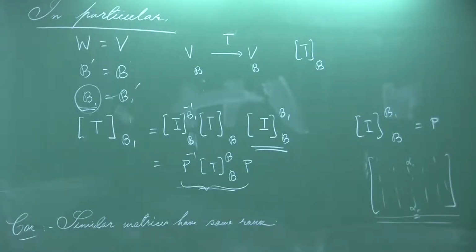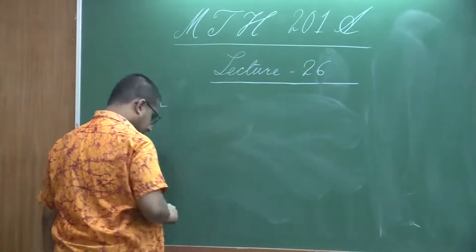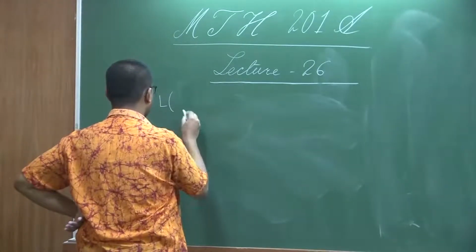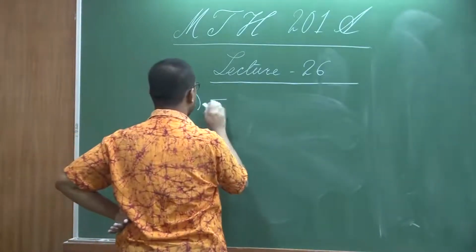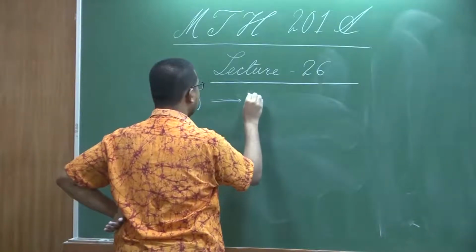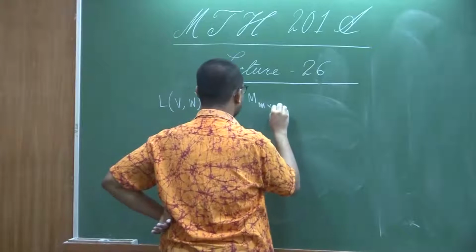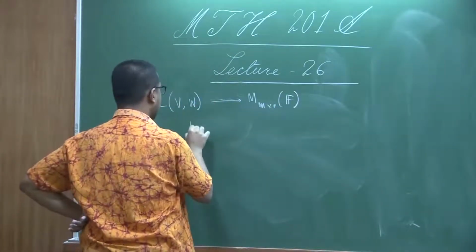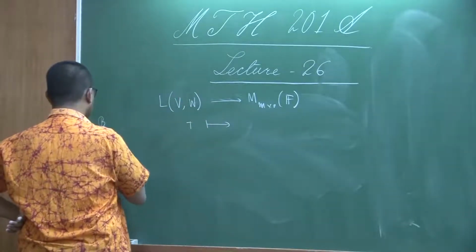Come back to where we were at the beginning of this lecture. For two finite dimensional vector spaces V and W, we have the map from L(V,W) to M_{m×n}(F), fixing two ordered bases B and B prime.